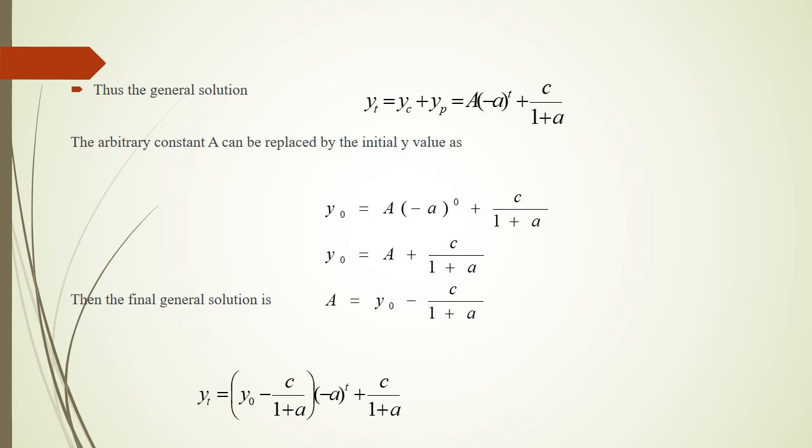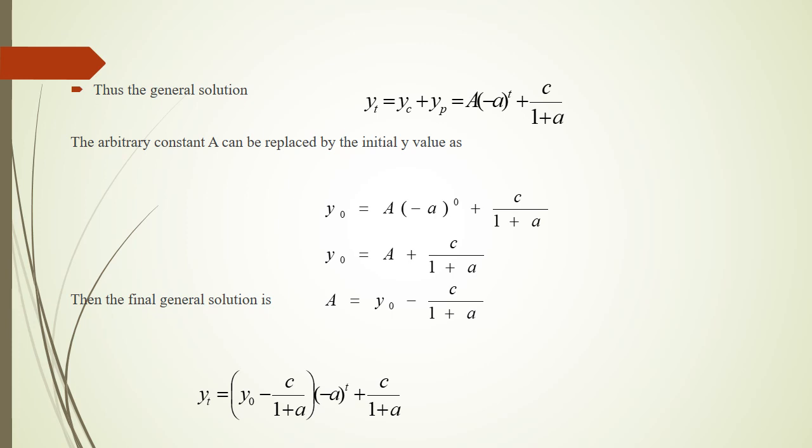So y_0 = A(-a)^0 + c/(1 + a). Simplify y_0: then y_0 = A, and the (-a)^0 part will be 1, so it will be just A + c/(1 + a).